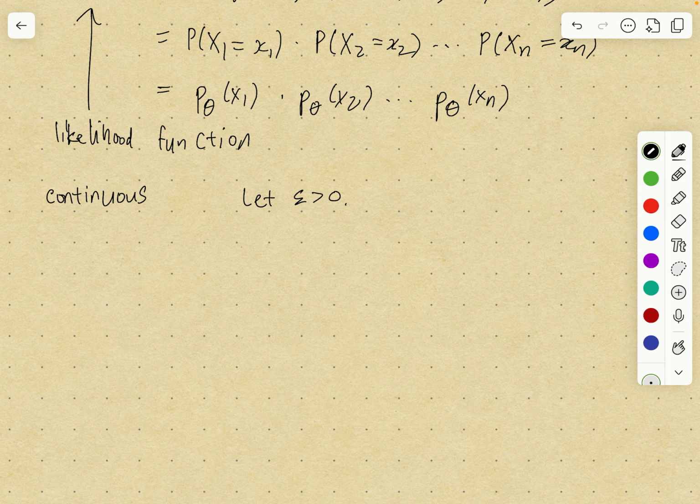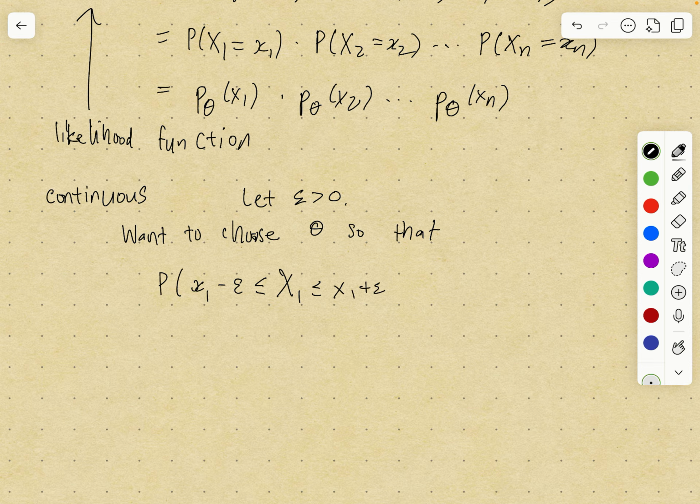So the idea is we want to choose theta so that the probability, instead of that capital X1 is x1, let's just think about when your X1 random variable is between little x1 minus epsilon and little x1 plus epsilon. And we have that for all of the xi's.